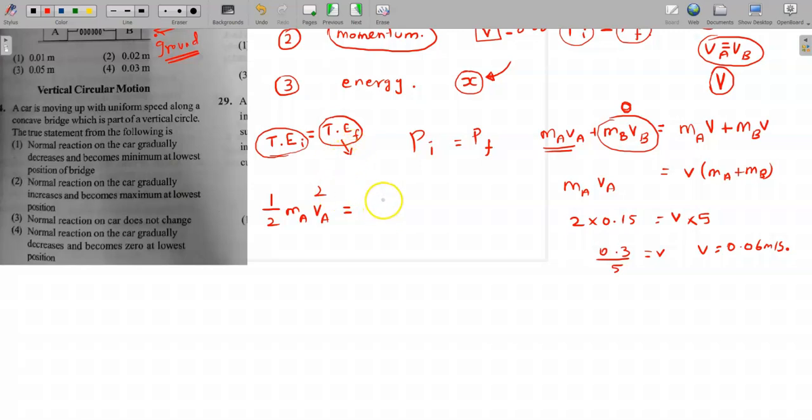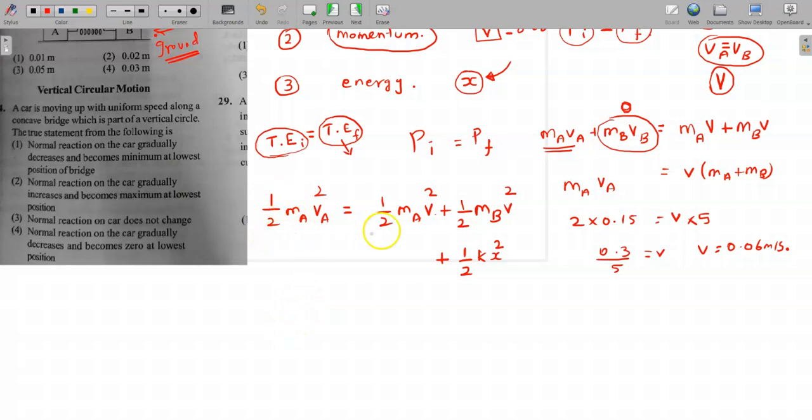After collision, both objects are moving, so they have kinetic energy: half MA V square, with no VA, VB, the same speed, and for the second object half MB V square. Now one extra energy is there, that is the compression. As the blocks are moving, the spring gets compressed, so it has stored potential energy. The formula is half k x square.